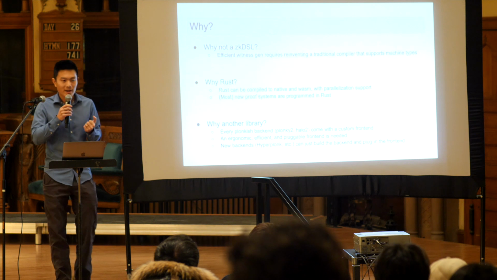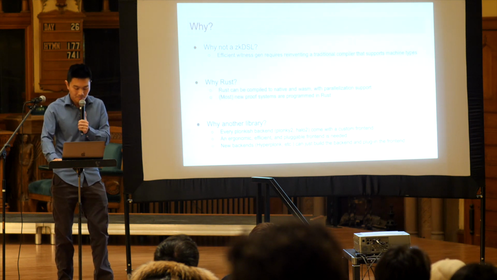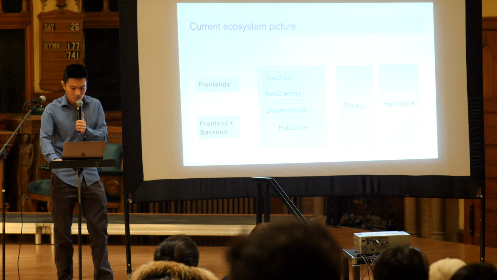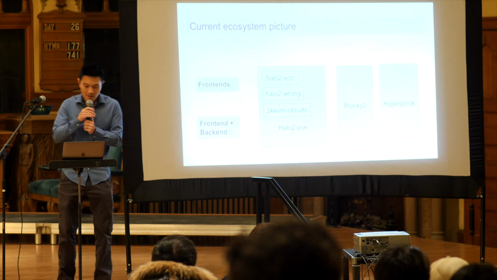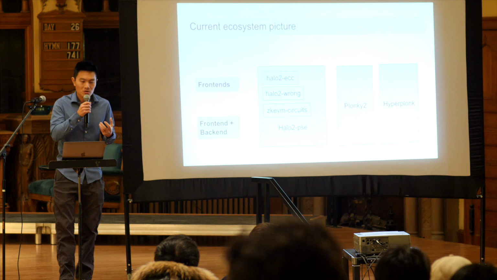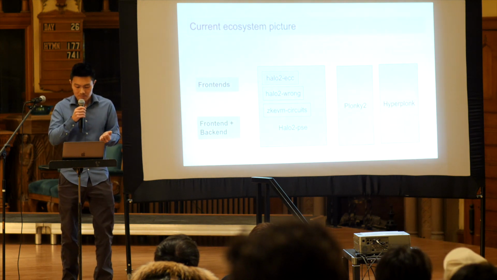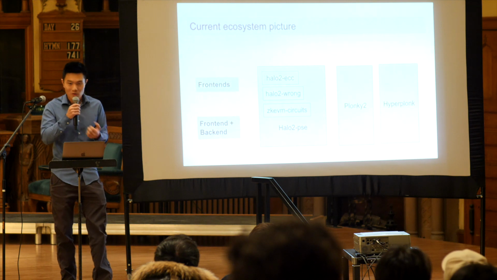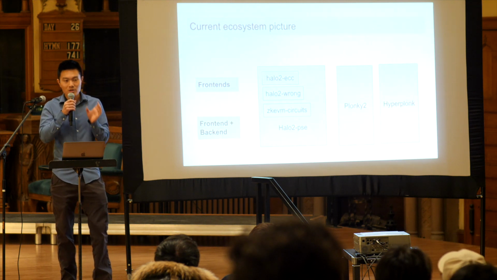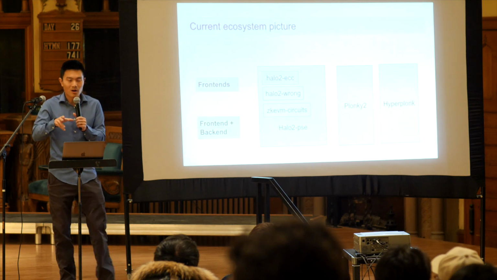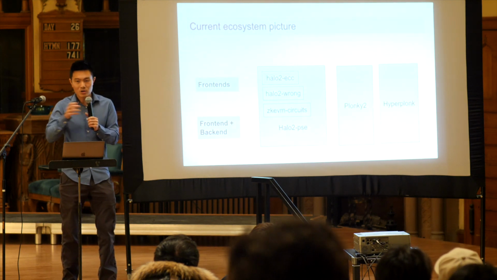If you look at the current picture of the ecosystem, for Halo 2, Plonky 2, and, as I'm blanking, other Rust-based proof systems, the proof system part is actually, I would say, quite simple, right?